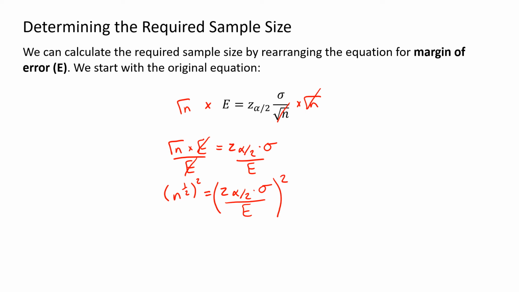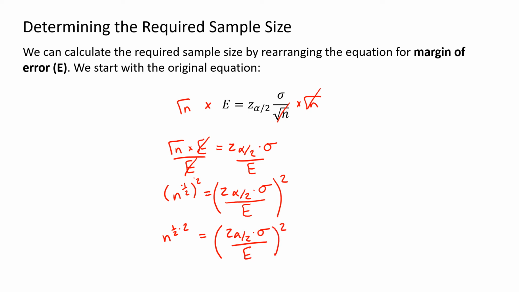Because on the left-hand side, I'm going to be left with n to the 1/2 multiplied by 2, again because you have an exponent raised to another exponent, so you multiply them together. And that's equal to z to the alpha over 2 times sigma divided by our error, all squared.